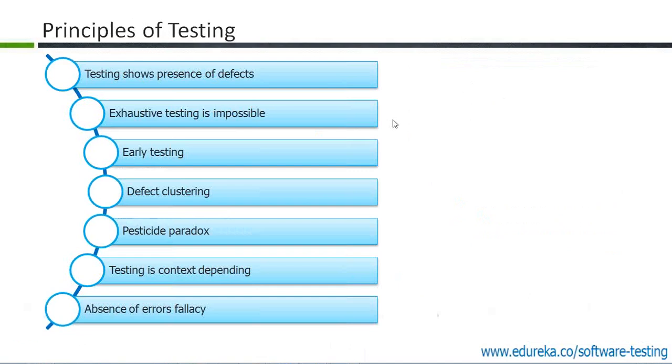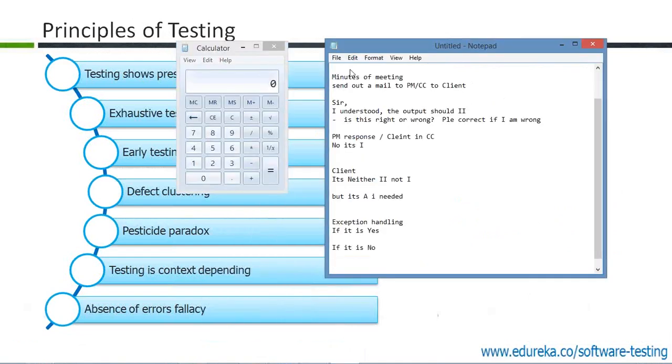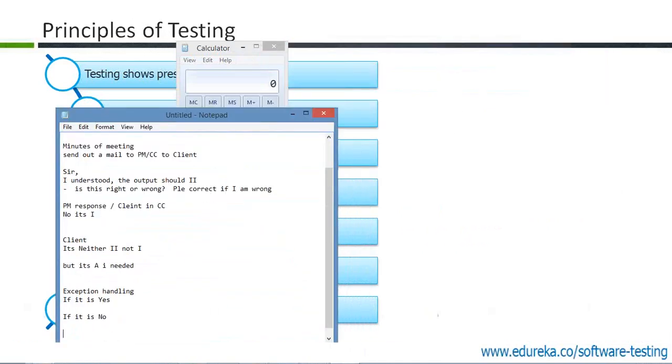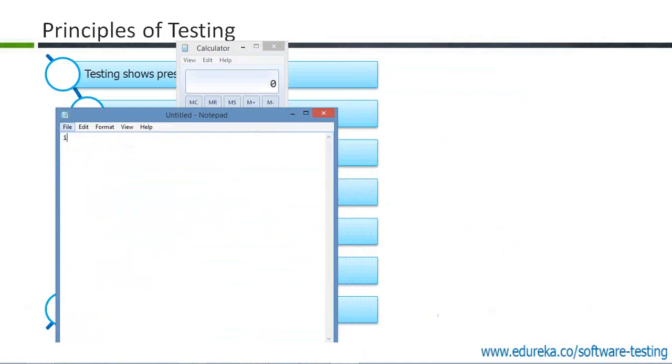Exhaustive testing is nothing but trying all the data combinations used for testing. That's why I gave you a better example, like the calculator, where I can enter integer values, remember, minus 35,676 to plus 35,768.